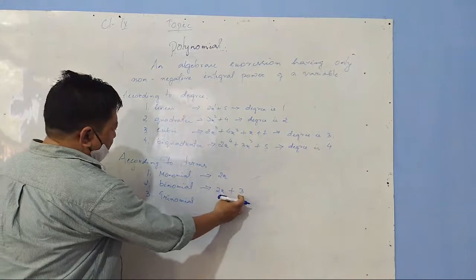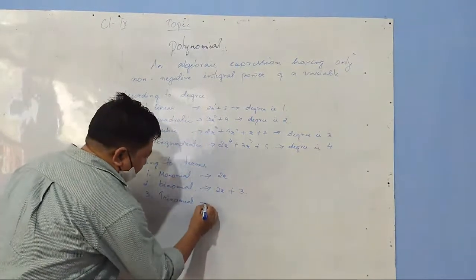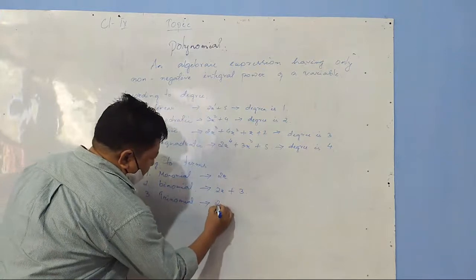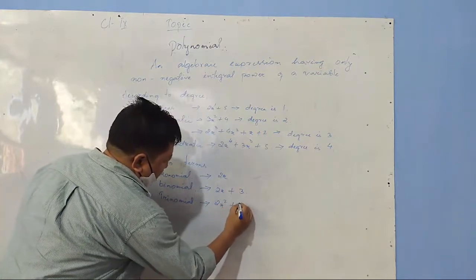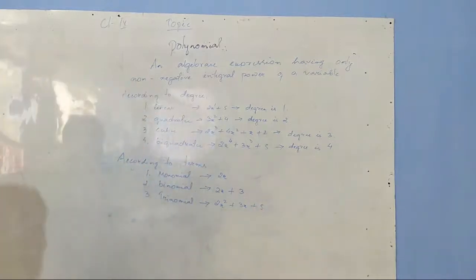Since it has 2 terms, this is known as binomial. An example of trinomial, 2x square plus 3x plus 5. Since it has 3 terms, this type is known as trinomial.